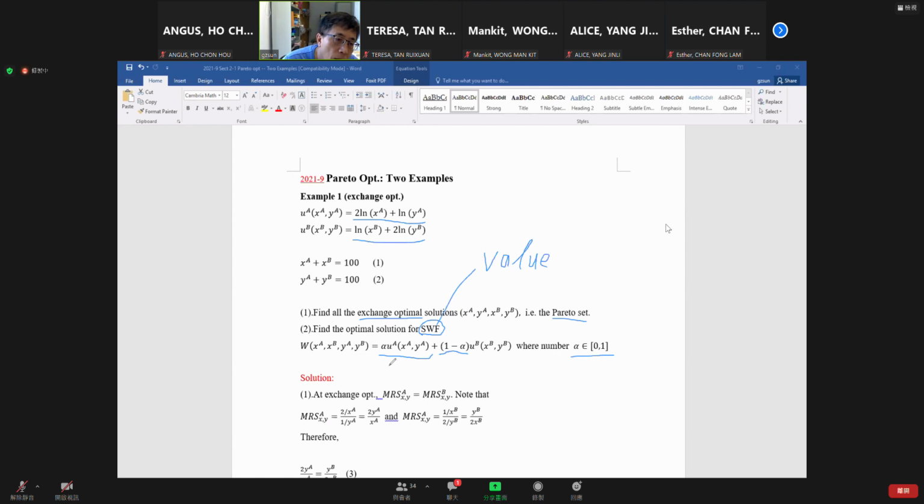So the intuition is if we increase alpha, at the same time we must decrease 1 minus alpha. Then we care more and more about Alice. If alpha equals 0, for example, whatever the value for u is, this term automatically vanishes.